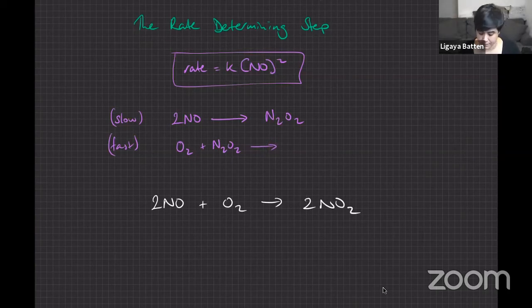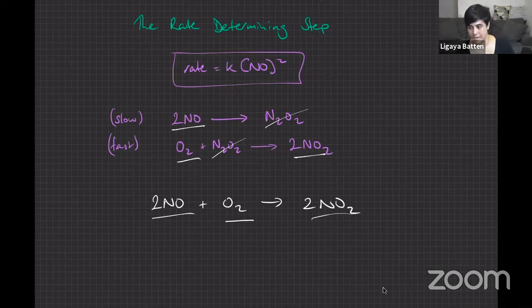If that reacts with O2, we can then produce 2NO2. So if we put those two equations together, the N2O2 will cancel out. We have our 2NO and O2 on the left-hand side and our 2NO2 on the right-hand side. And that's basically how you work out the rate determining step.